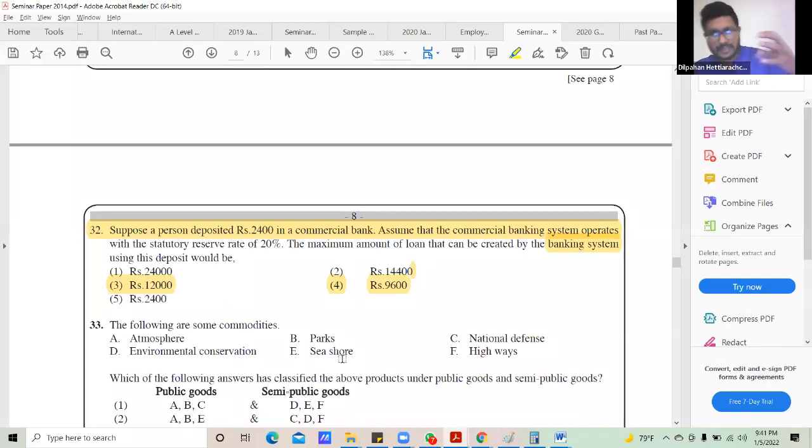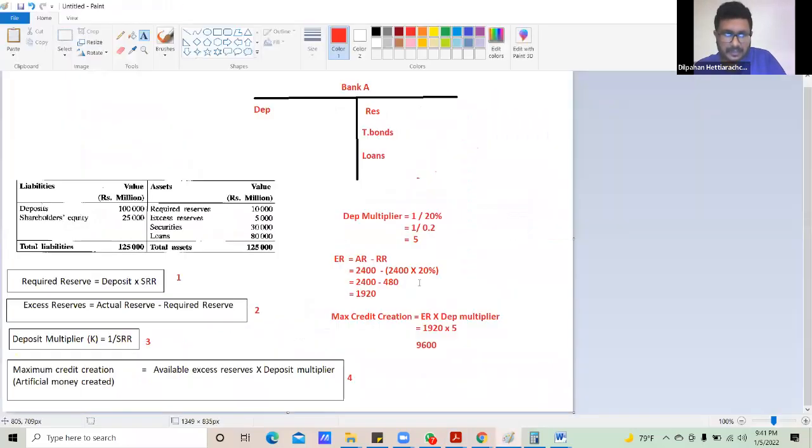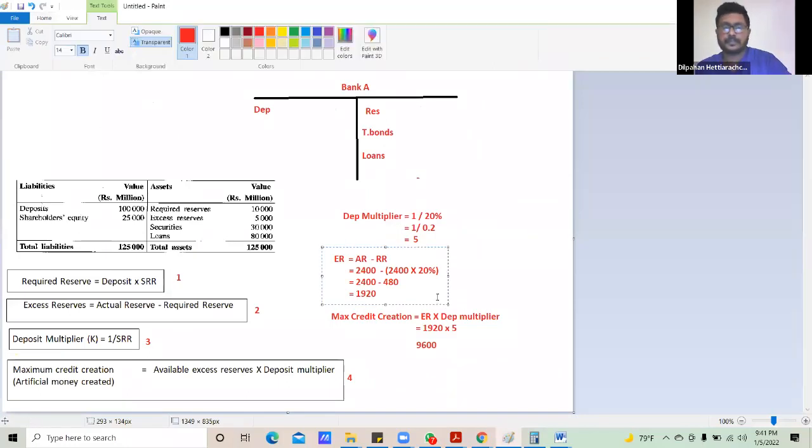When one bank receives this 2,400, they can't use the whole 2,400 for credit creation. They have to keep some money with them. That is SRR, the required reserves told by CBSL. So first of all, we have to calculate how much they can utilize for credit creation.